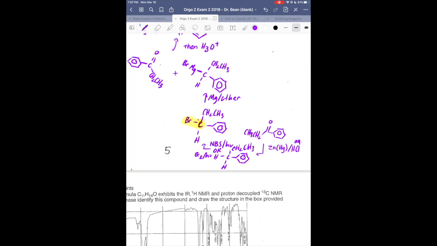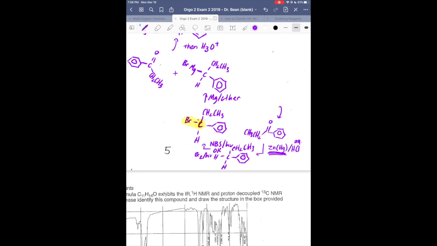Zn in aqueous HCl. So I would personally put aqueous, and that would reduce that carbonyl carbon all the way to a CH2. So a cute way that I tell people to remember this is that you're zinc-ing the head off the carbonyl. So you're zinc-ing the head off the carbonyl, you're making it a CH2 right here in its replacement, and that's how you get that.